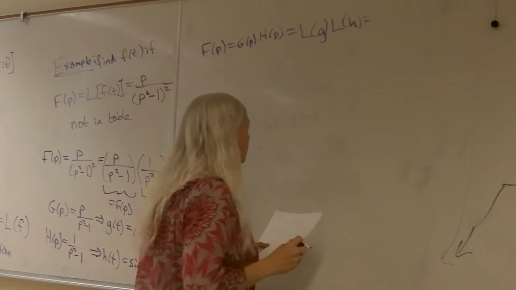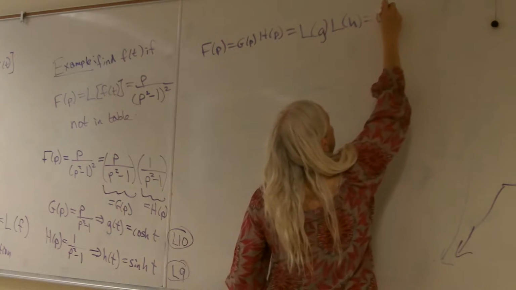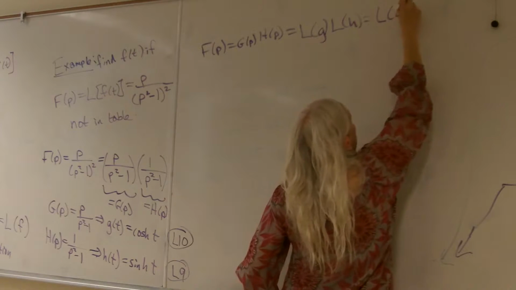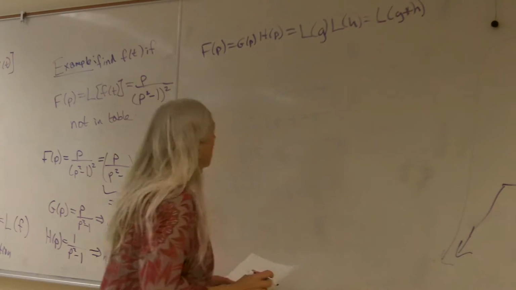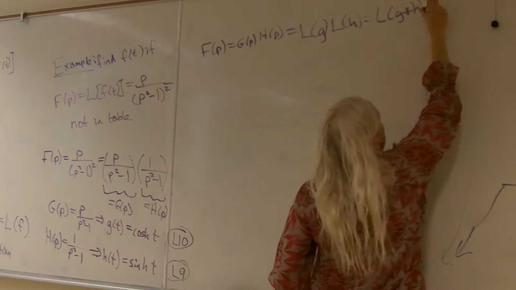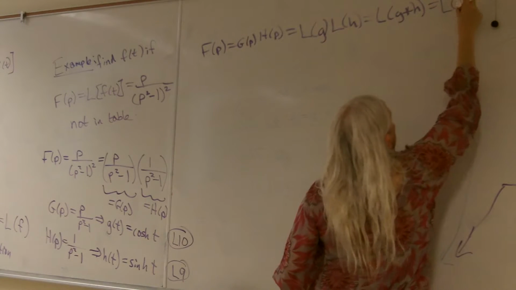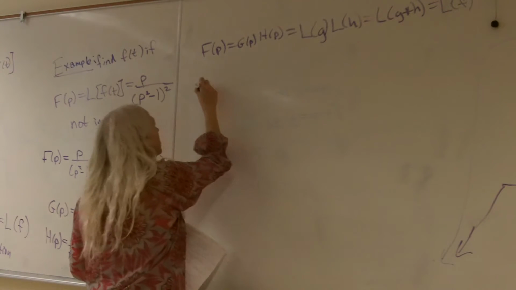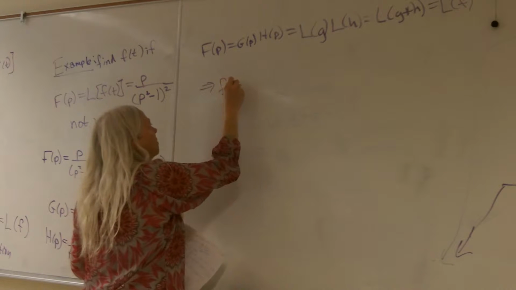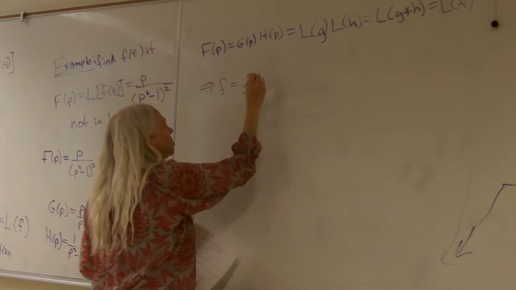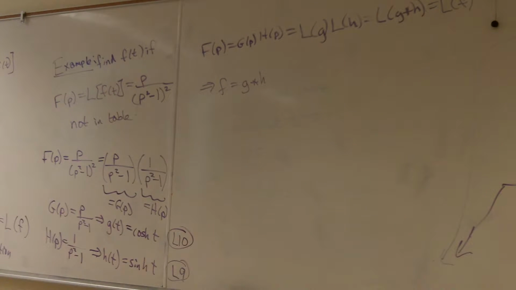And by the convolution theorem, we know this is the Laplace transform of the convolution of g and h. And again, this is the Laplace transform of the function little f. So little f is equal to the convolution of g and h. So all we have to do is compute the convolution of g and h to find our answer for little f.